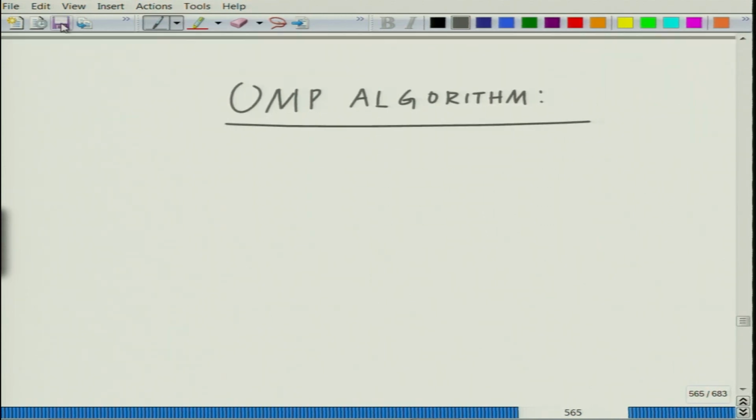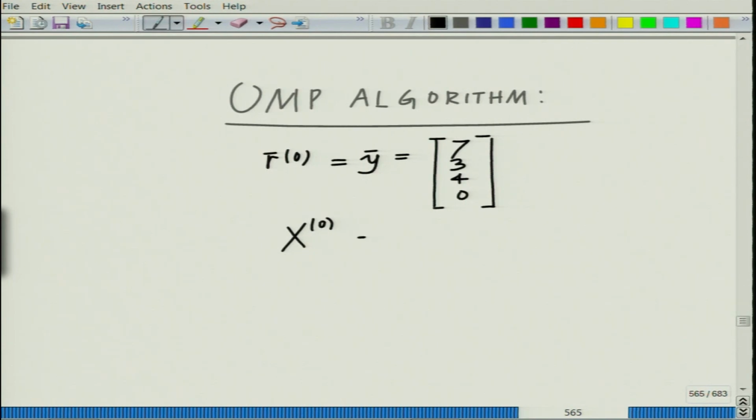Remember we start with this notion of residue. So, we set the residue 0, this is equal to y bar, which is basically equal to 7, 3, 4, 0, and we set x of 0.